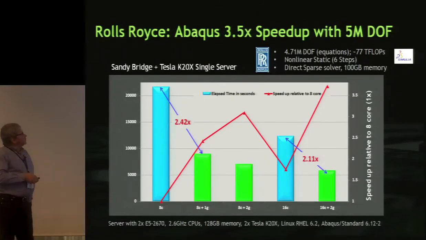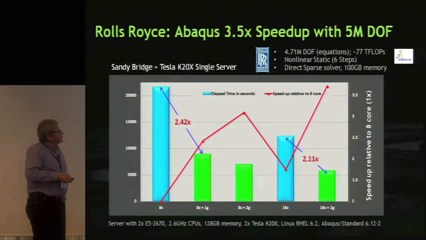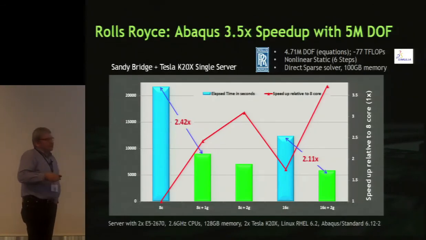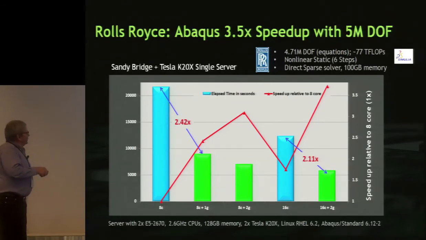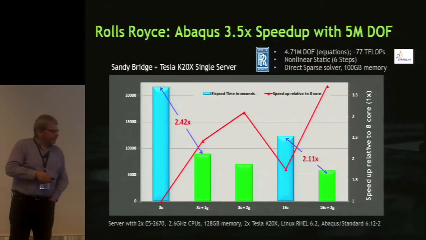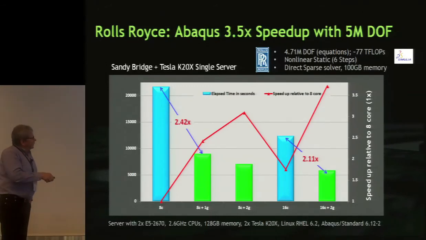Also here, some benchmarks which were done by Rolls-Royce. 4.71 million degrees of freedom, so the computational load is around 77 teraflops. Direct sparse solver, you see here the runtime, the elapsed time for a socket, so with 8 cores plus 1 GPU gives you a performance improvement by a factor of 2.42, and an additional GPU also gives you additional speedup.